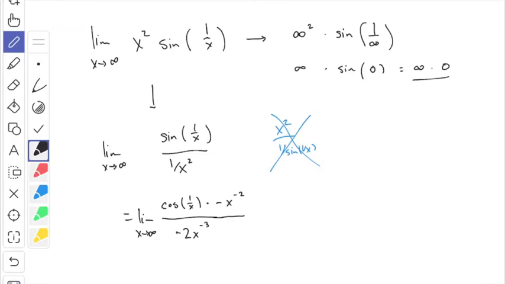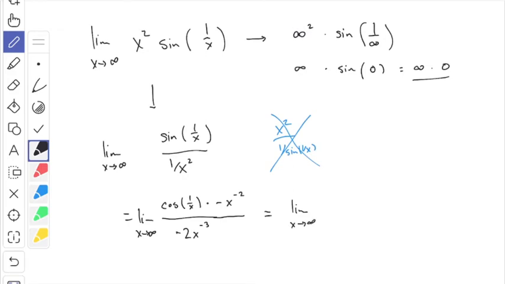Let's try and simplify as much as we can. I'm going to plug in the infinity again, but we might as well try and simplify. We have powers of x which can cancel out. x to the minus 2 up top, x to the minus 3 downstairs. Is this confusing to anybody else? Yeah. Okay. Thank you for that.